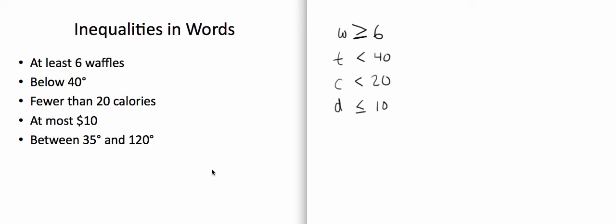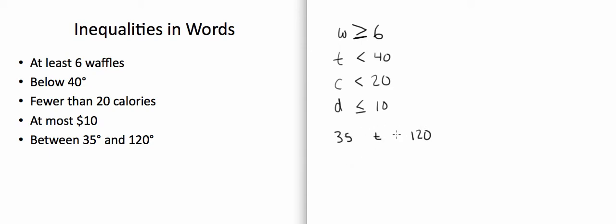And then here, between 35 degrees and 120 degrees, this is what we call a compound inequality. So we have two inequalities written together. How we write this is we write 35, and since our temperature is between 35 and 120, we have the T in the middle, and then we have the 120 on this side.